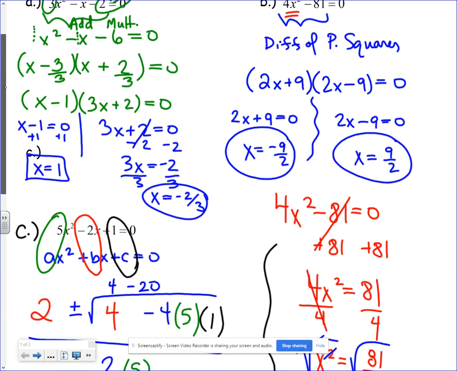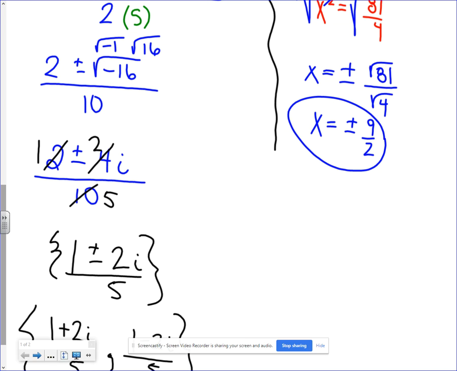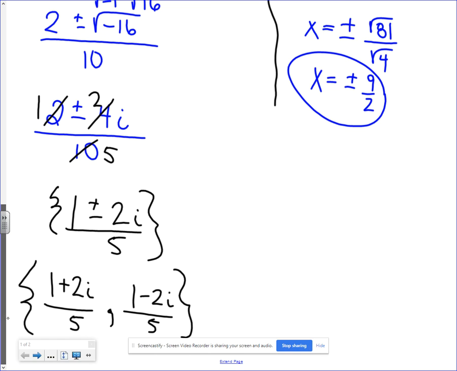The degree tells you how many roots that equation has. You don't know whether the roots are going to be real numbers or complex numbers. On the first two examples, the roots were real numbers. On example C, the roots were complex numbers or imaginary numbers.